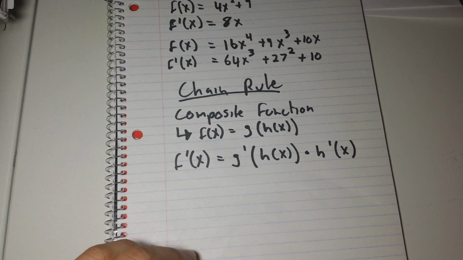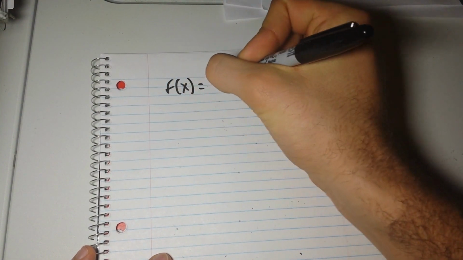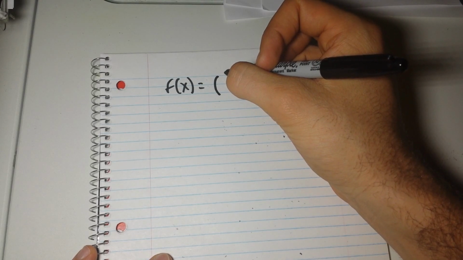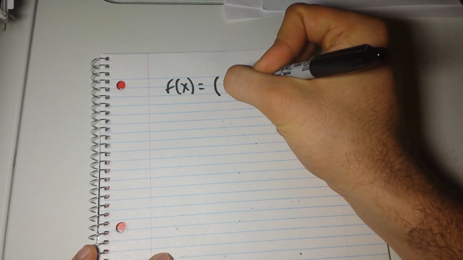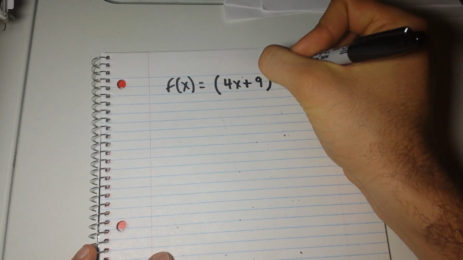Okay, excellent. So moving forward, we will start with a simple function, a linear function within a power function. So the first composite function we'll be dealing with here is our f of x equal to bracket 4x plus 9 cubed.